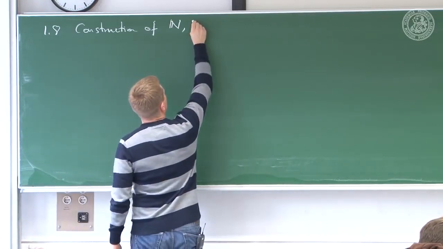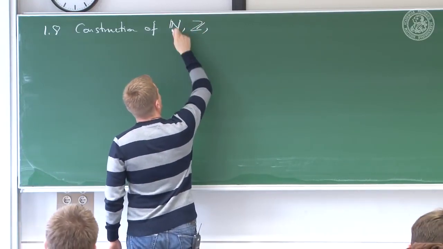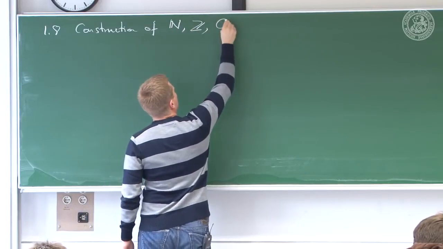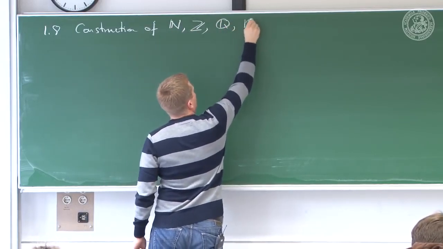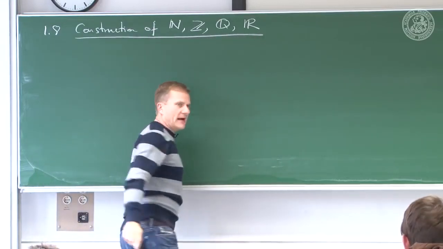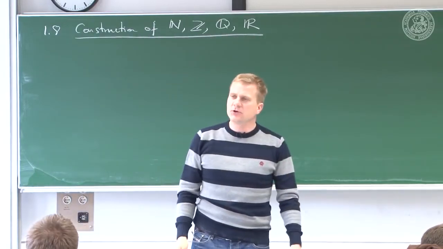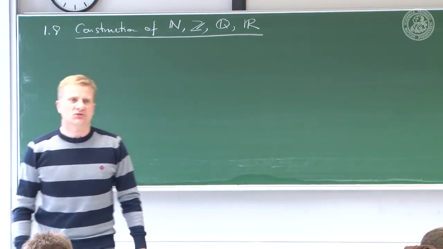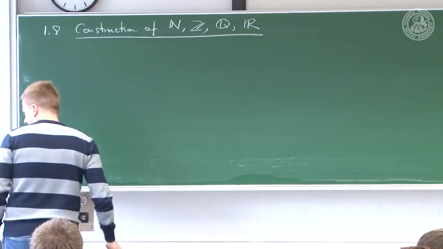Construction of natural numbers, integers, rational numbers, and real numbers. So if our axioms of set theory are any good, we're able to construct these important sets.